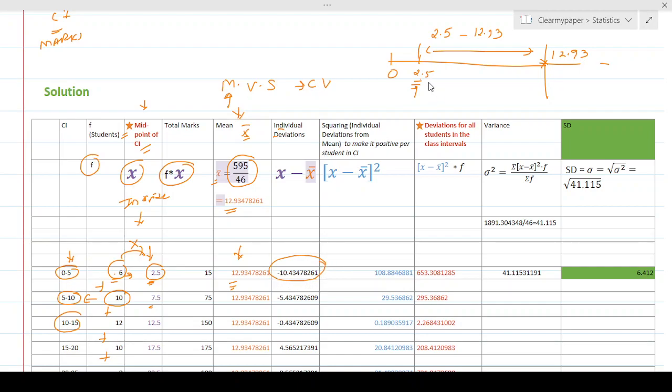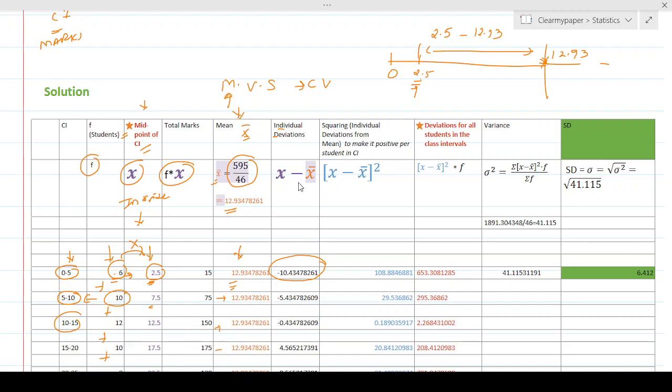And this is for one student. So every single student in this class interval, out of these 6 students, is roughly minus 10.43 distance away from the mean. That's the individual deviation. Likewise, we calculate the deviations for all the class intervals.